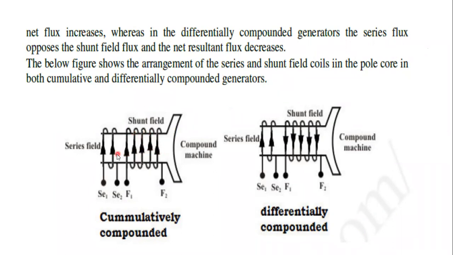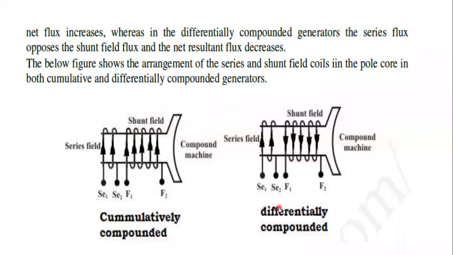Observing these arrow marks, the current flowing through the shunt field winding is in the upward direction, and the series field winding arrow marks are also in the upward direction. Therefore, in a cumulatively compound generator, the shunt field winding and series field winding have the same direction.